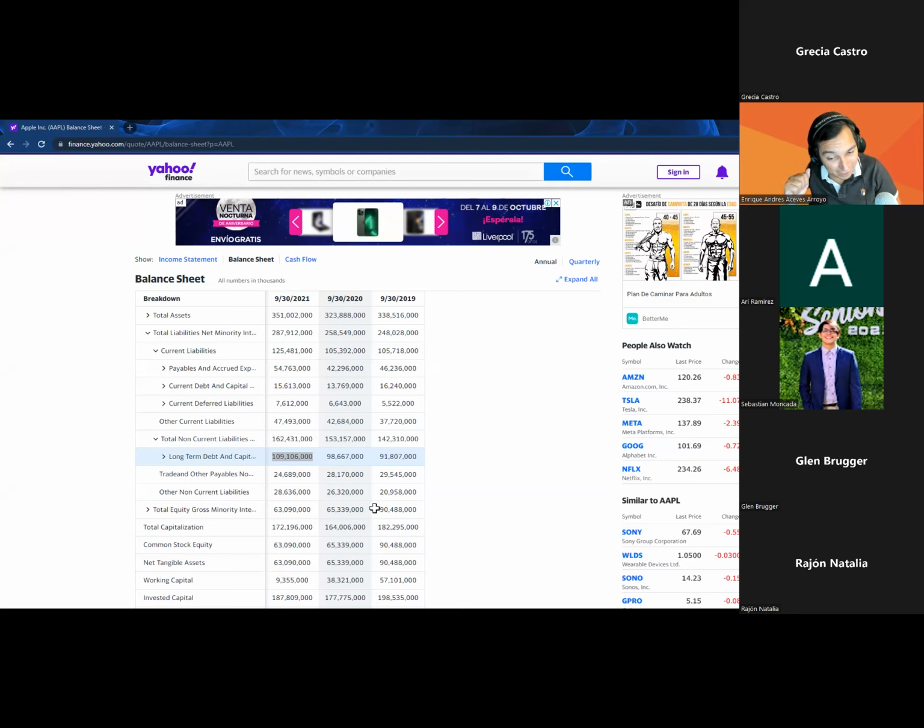After operating margin, what comes next? Income, cost, gross margin, expenses, operating margin. After operating margin, what comes next? Financial income and cost, Joaquin. Yes. Okay. And after that?